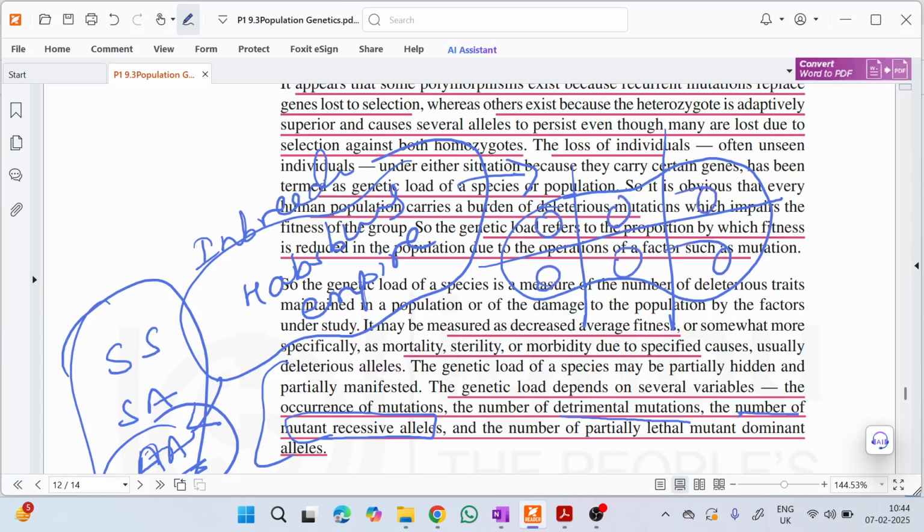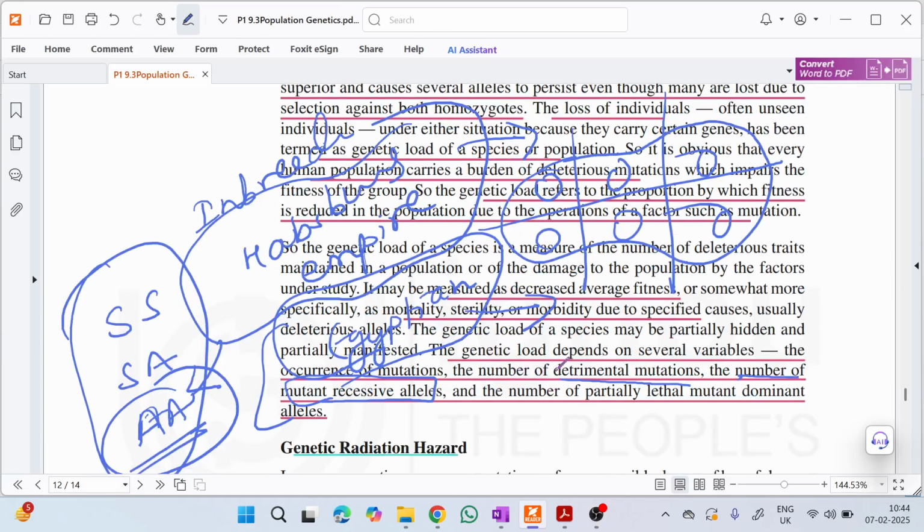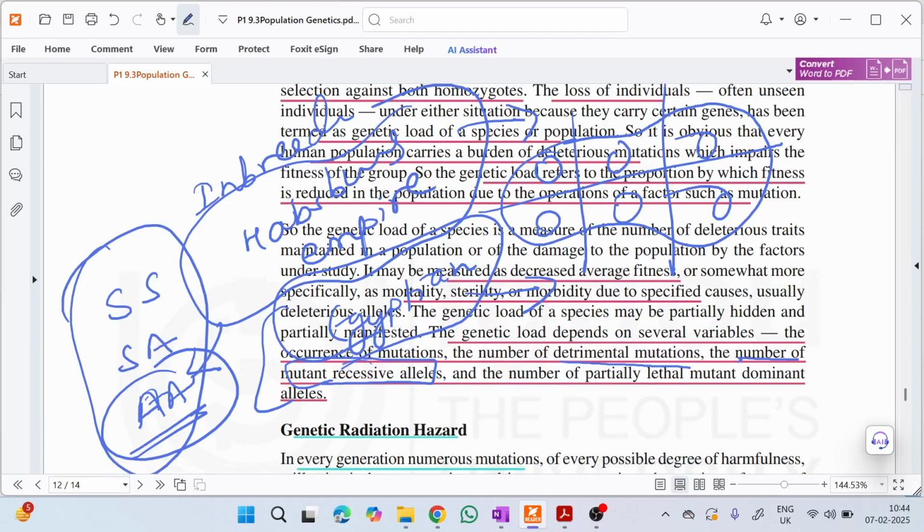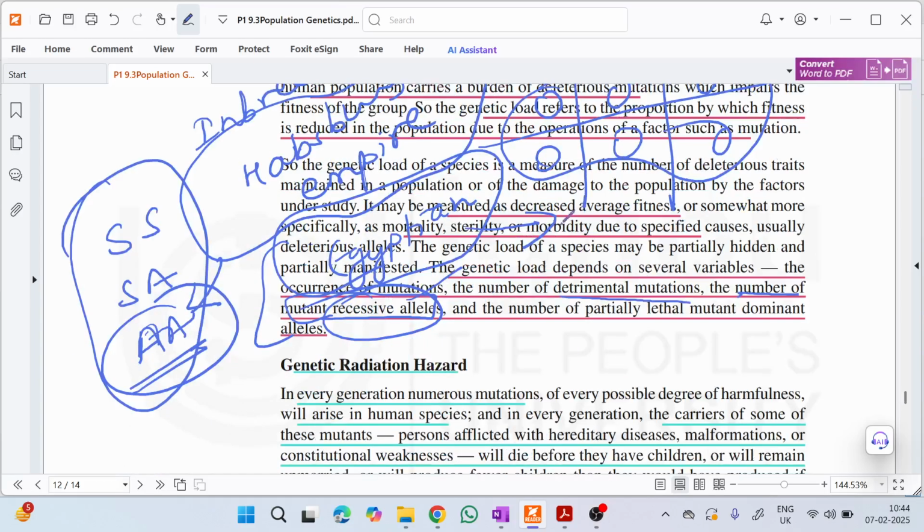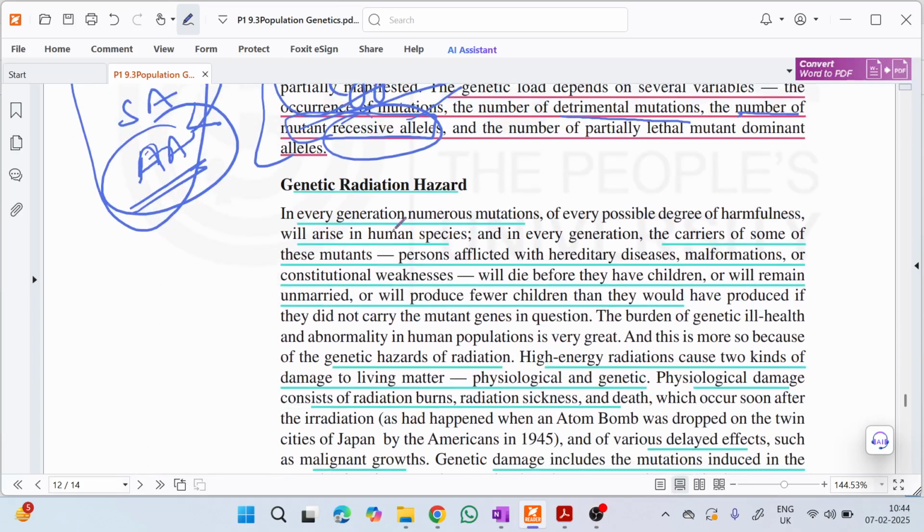In the same way, Egyptian की बात करें, especially the Egyptian royal families, they also bred among themselves. So वहाँ भी the number of deleterious alleles, mutations, and the number of recessive ये भी काफी increase हो गए. Now let's proceed on to genetic radiation hazard.